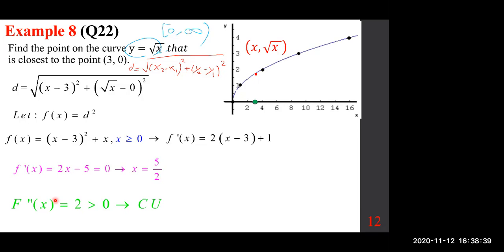So we want to find the point on the curve that is closest. So if x is 5 halves, so x and square root of 5 halves, okay?